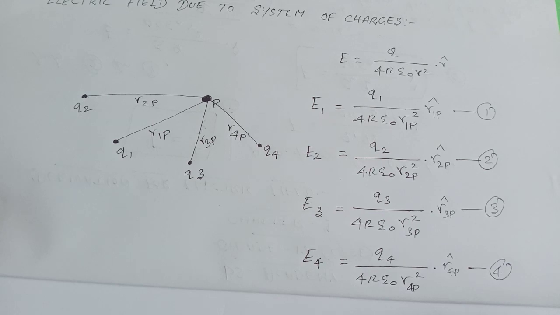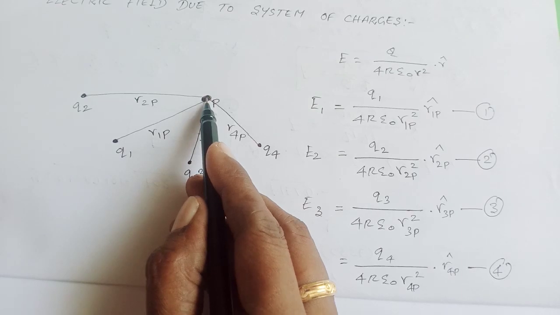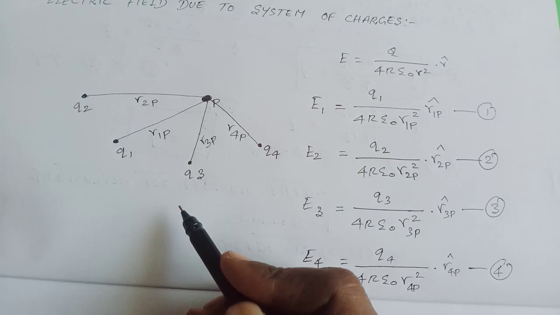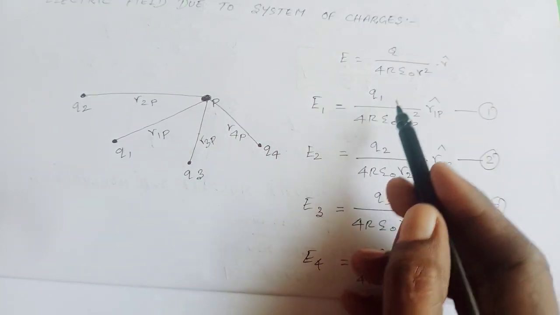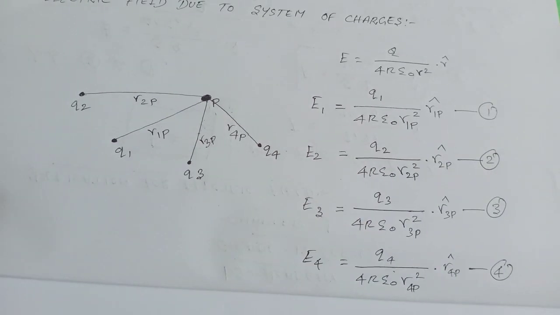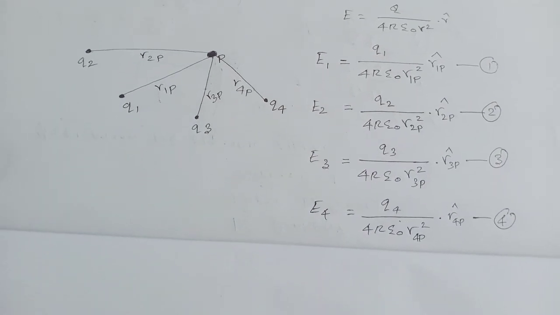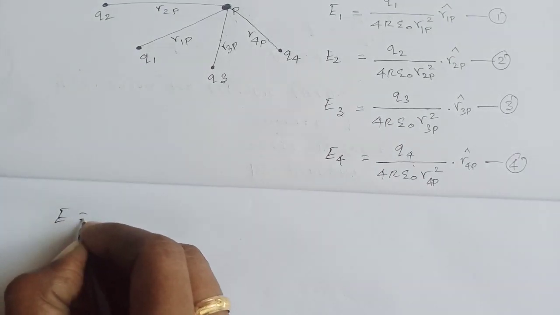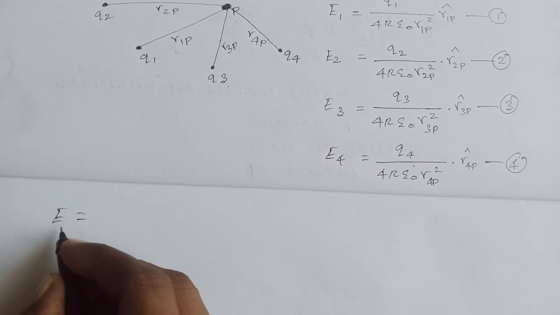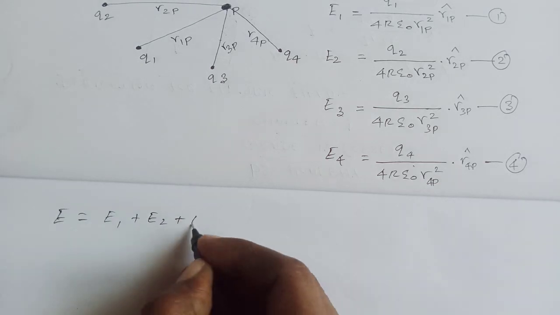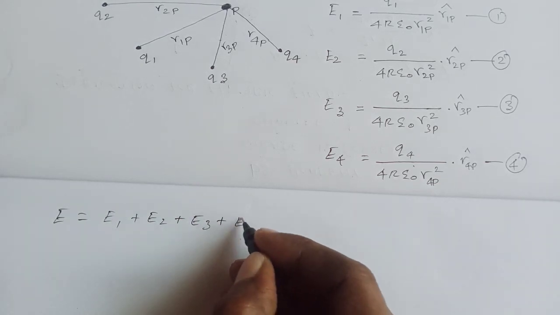Okay children, now what we have to do is find the total electric field at the point P due to these 4 charges. To find the total electric field, we have to add all these electric fields. Due to the superposition principle, we can write E, that is the total electric field, is equal to E1 plus E2 plus E3 plus E4.